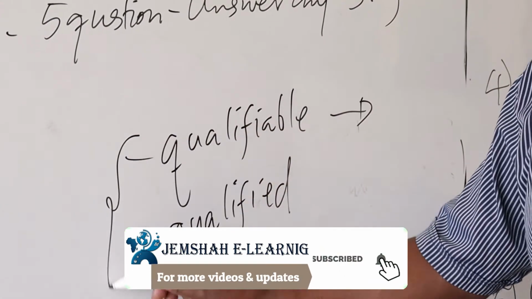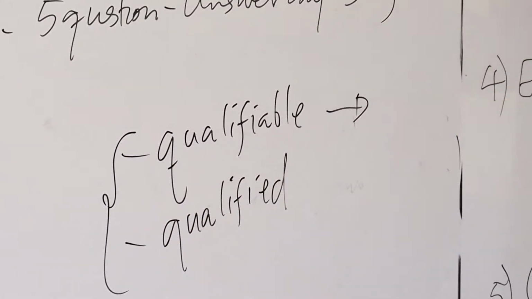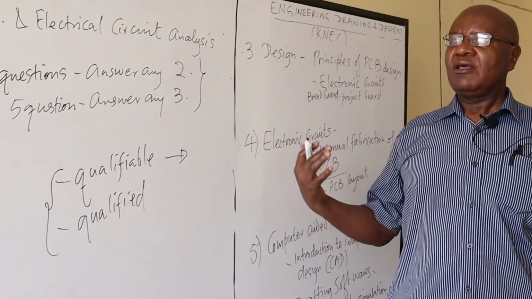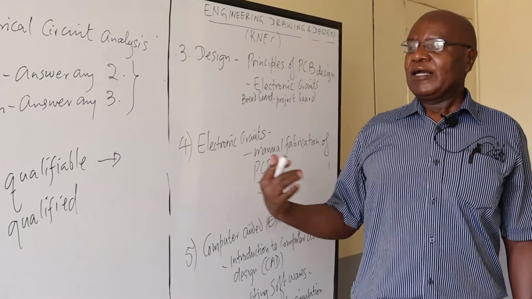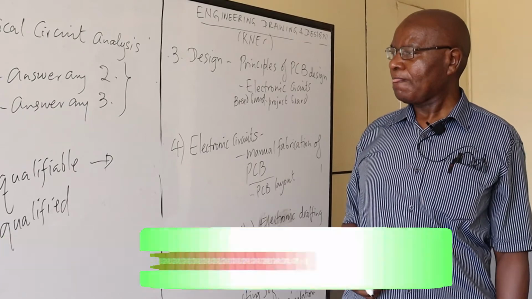There's a big difference between the two. Normally, for you to be qualified, you need the theory as well as the practical. That's what the country needs at the moment, hands-on people.